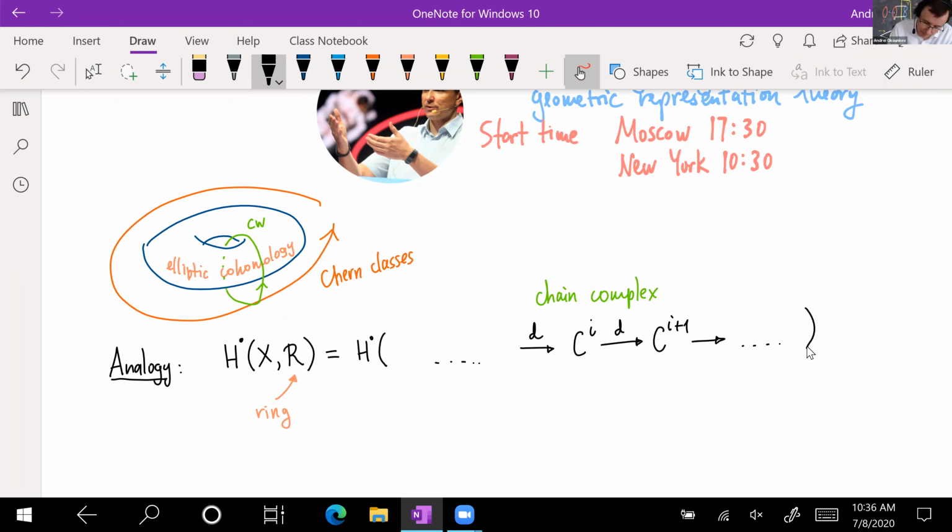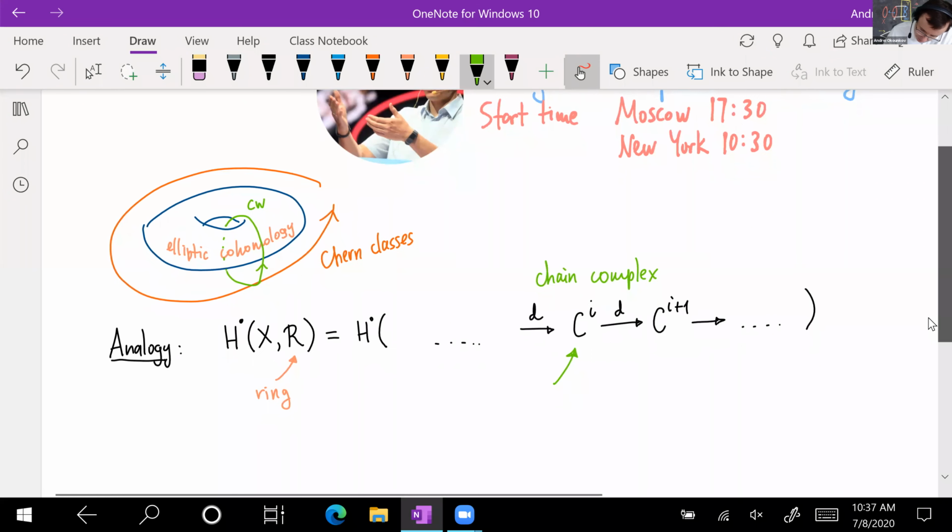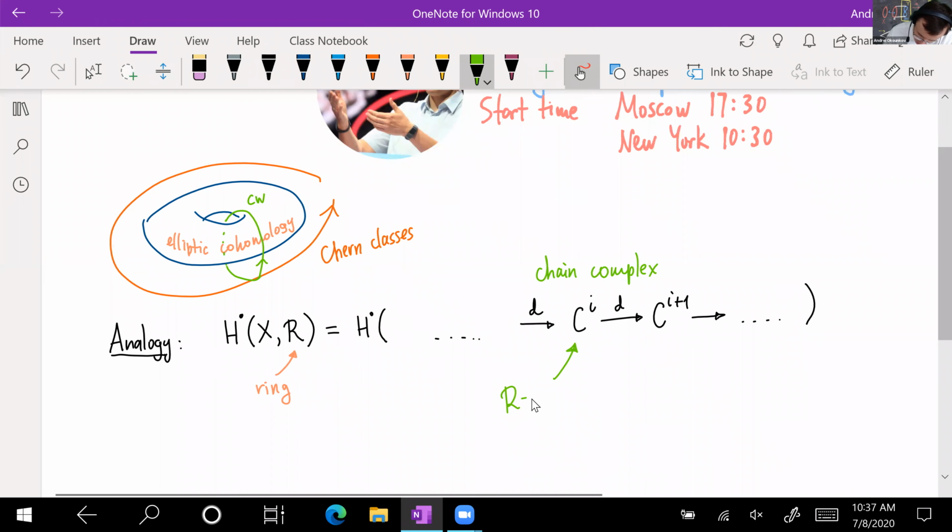And each term of this complex is an R-module. In fact, usually it's written to be a free R-module, but it's not particularly important for us.